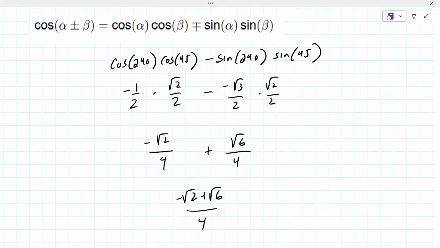Cosine 285. Square root of 6. Yeah, looks good. That's a negative there. Got it. It's a negative.